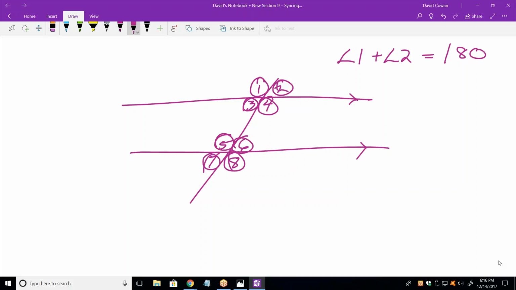Alternate exterior angles. And so are 2 and 7. So they teach you all these definitions about alternate interior and exterior and adjacent angles and corresponding angles. Give me 2 angles that are corresponding. 8 and 4. Okay. You get it.